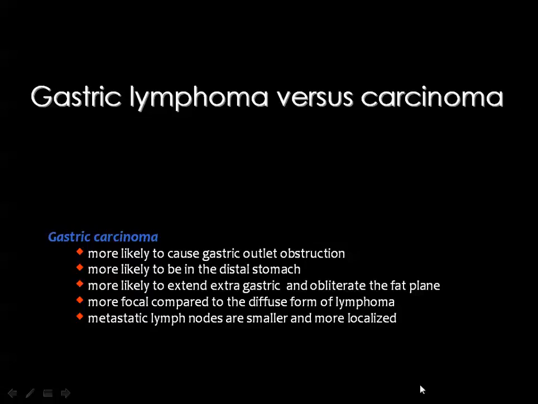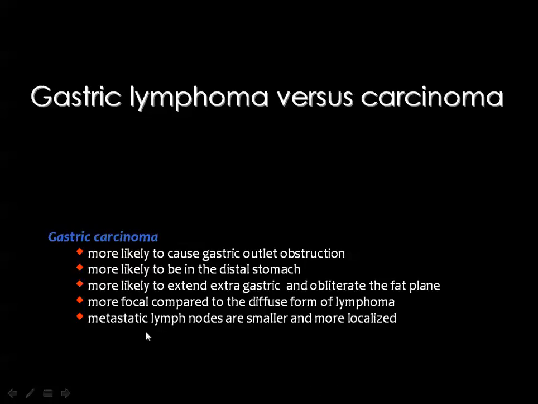adjacent organs. In cases of lymphoma, the disease is usually diffuse and involves the whole gastric wall and infiltrates the mucosa, resulting in hypertrophy of the mucosa and maybe reduction of the gastric lumen.